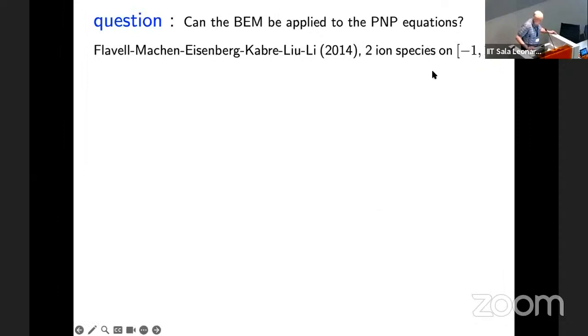This paper was in one space dimension, and they developed a finite difference method. They were concerned with the time-dependent PNP equations, and they had a method for the time stepping. But we're going to use this to see, not really the boundary element method, but the idea of using Green's functions and integral equations. Can that be applied to the PNP equations?